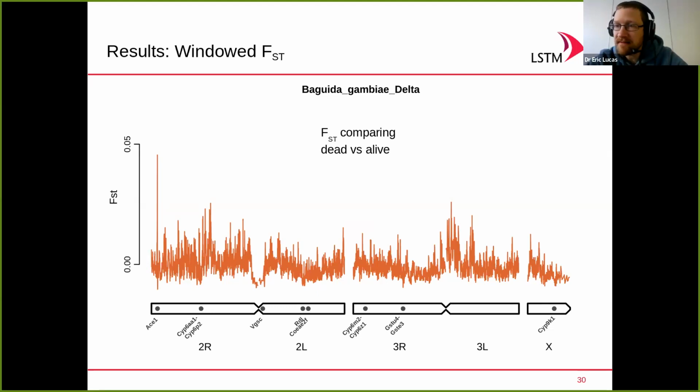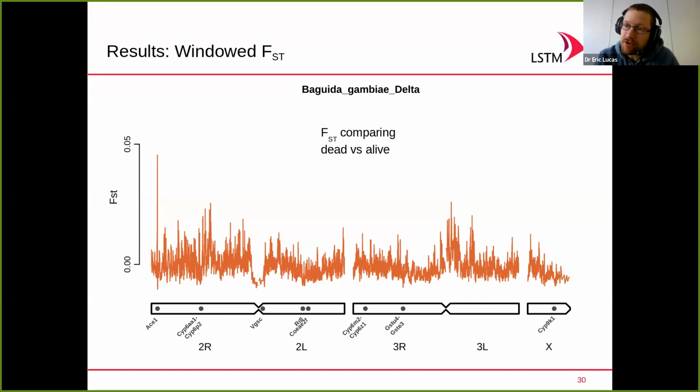The reason why this can be powerful in amplifying the signal is, first of all, you're reducing your sample size: if you analyze things in groups of 1,000 SNPs, then you have 1,000 times fewer data points, and so your false discovery rate is less problematic. But also you're amplifying the signal because SNPs that are very close to each other are in general not independent. So all of those 1,000 SNPs are telling you roughly the same thing.